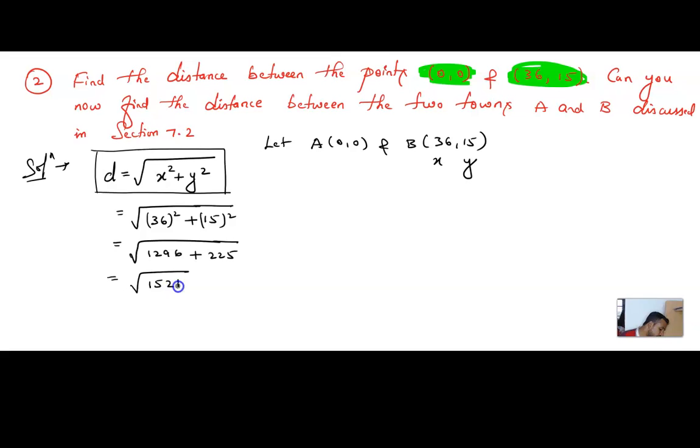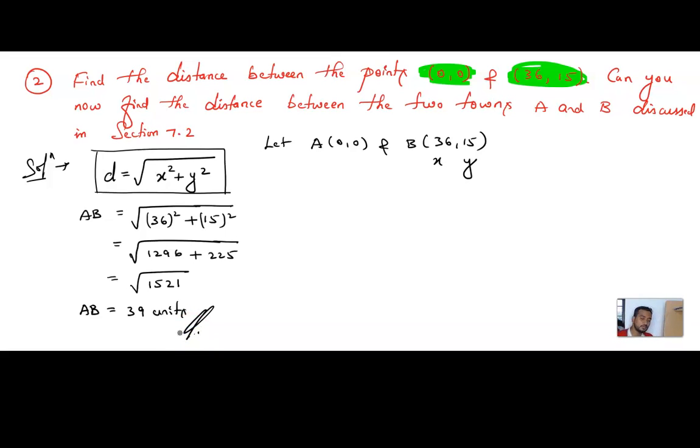That is 1521. So we know that 1521, remember. So what is the square root of 1521? Can you reduce it? Yes. 39 into 39 is 1521. So we are finding the distance between AB. That is AB is equal to 39 units.